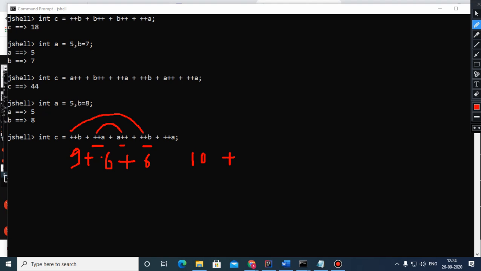And when control reaches here, it is 8. And why is it 8? Because it was 6 here. When control transfers, in between it becomes 7 here, and when it reaches here, again increment will happen, that is 8. So what is the answer here?